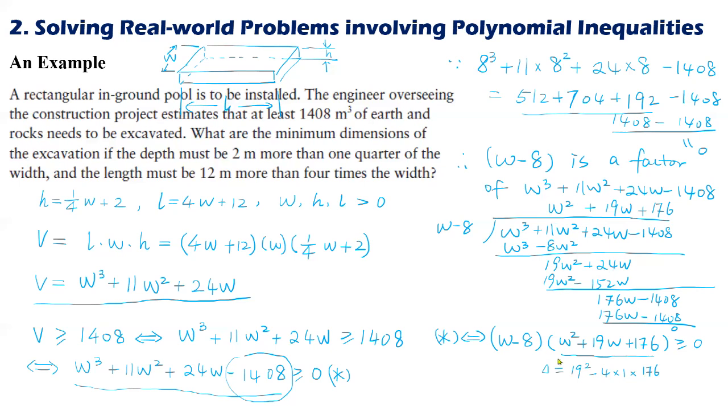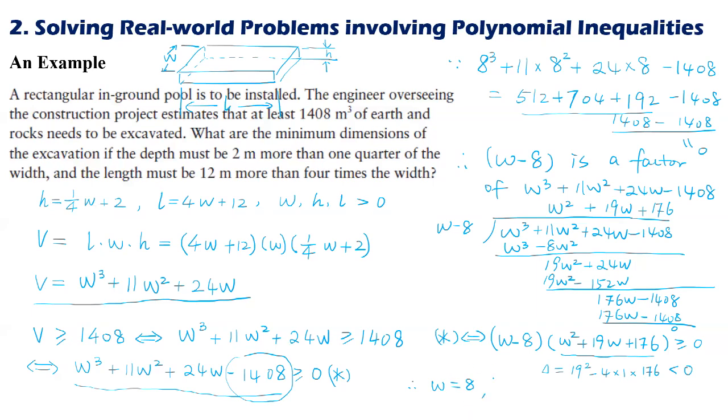Okay, so apparently this is smaller than 0, right? Once the determinant is smaller than 0, that means this function here has no zeros. So it cannot be 0. That means it cannot be factored. All right, so that means the only solution is w equals 8, right?